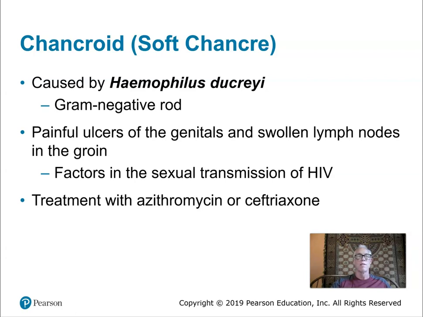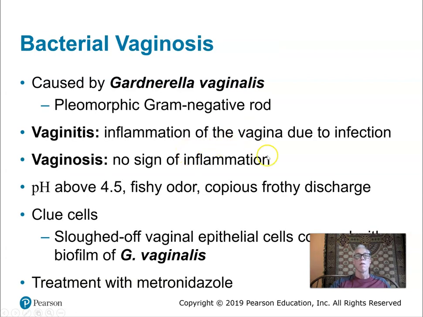So that's one way you can distinguish chancroid from syphilis. There are painful ulcers on the genitals and swollen lymph nodes in the groin. Treatment is with azithromycin or ceftriaxone, just a different microorganism, Haemophilus ducreyi. It's a strange looking word for the English.